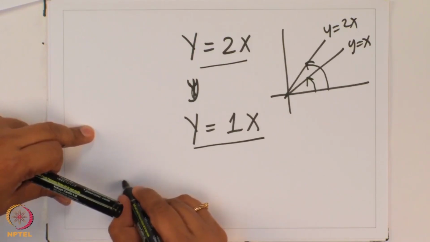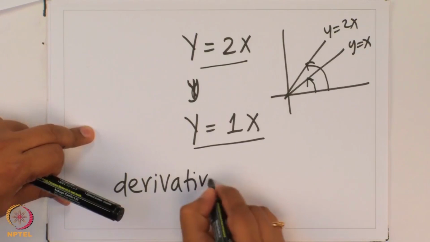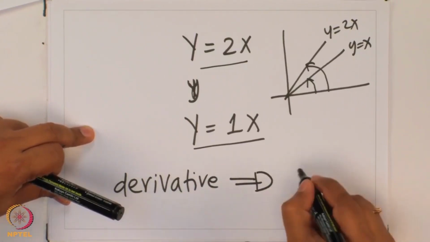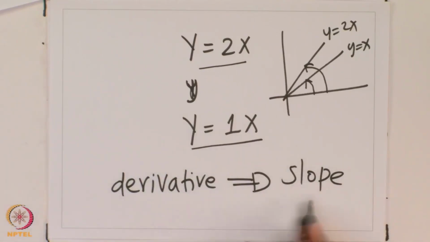So this derivative, when we say derivative, is nothing but slope. Derivative is essentially slope, and calculating a derivative is nothing but calculating slope.